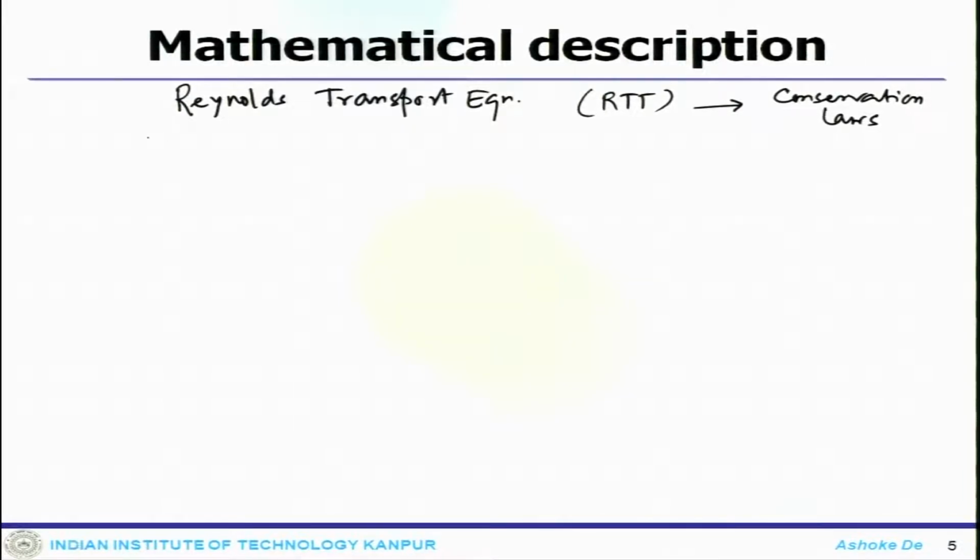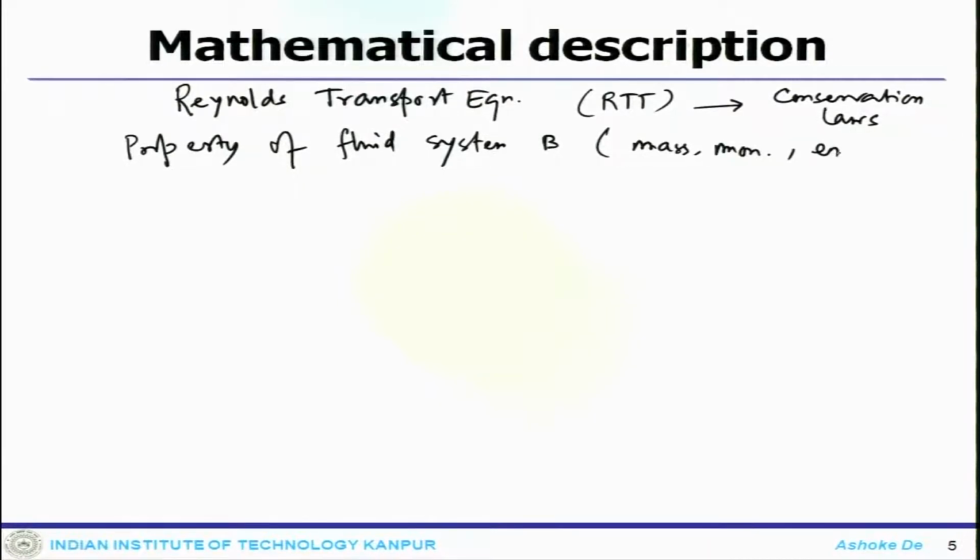Okay. So, to get these things, you say that any property of the fluid system is defined as B, which could be mass, could be momentum, could be energy, etc. Okay.